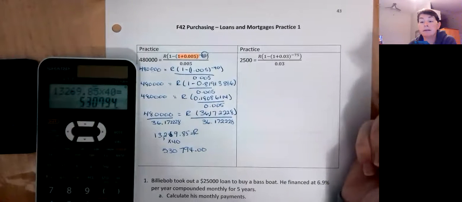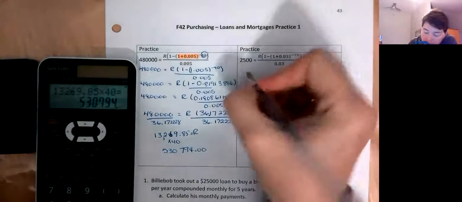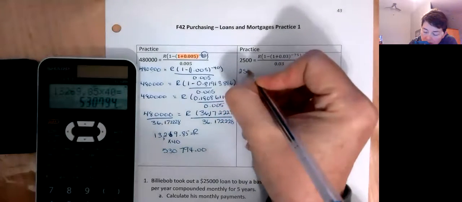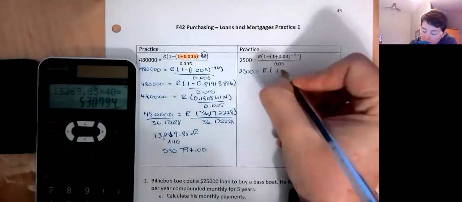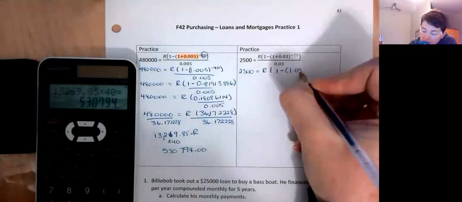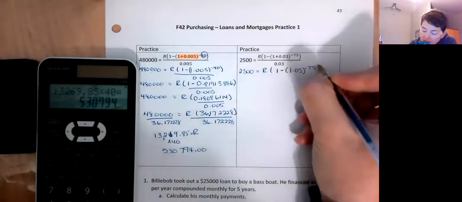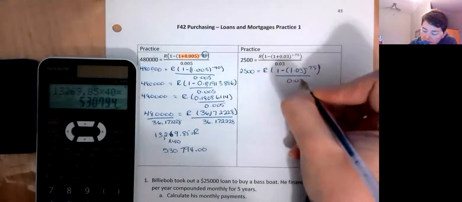Same process. And as always, why not turn off the video and try it yourself and then turn it back on. Or by the time you're seeing this video, you will have the answer key. All right, 2,500 is equal to R times 1 minus 1.03 to the minus 75, over 0.03.